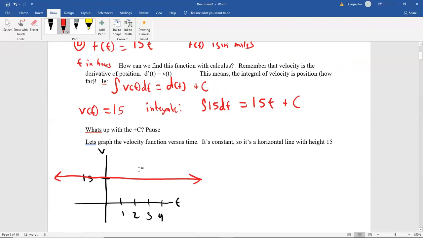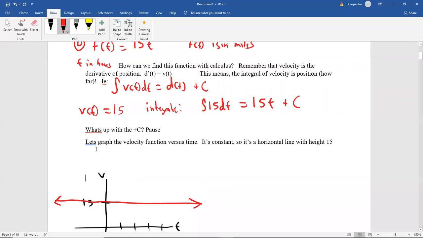Now what I want us to do is, let's imagine that we drew vertical lines on the 1 and the 2 separately. So let's draw vertical lines at x equals 1, which is 1 hour, then x equals 2, which is 2 hours.